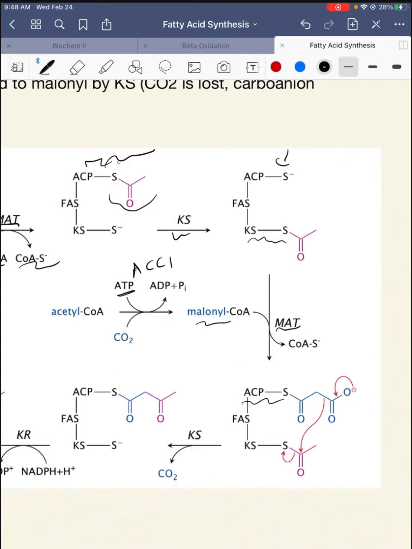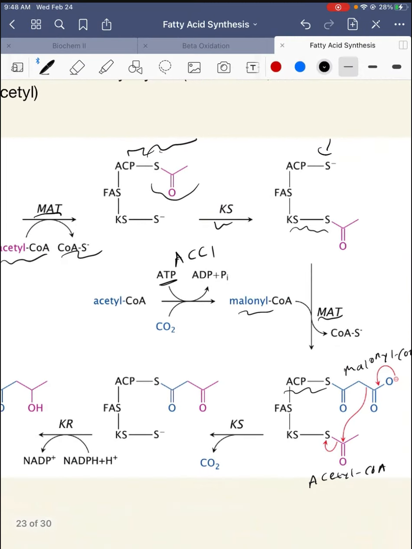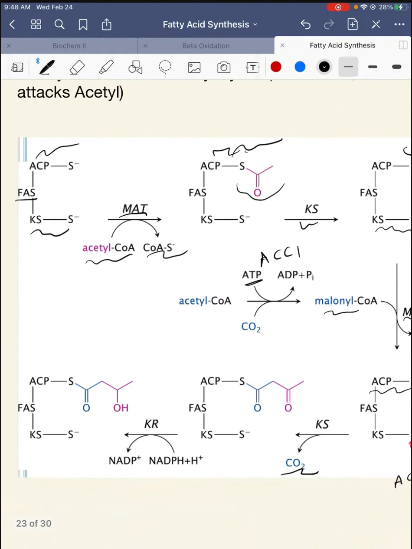So now we have malonyl-CoA on the ACP site, and acetyl-CoA on the KS site. The next reaction is catalyzed by KS. Basically, malonyl-CoA attacks acetyl-CoA. We get a decarboxylation, and then we're left with the acetoacetyl-ACP.